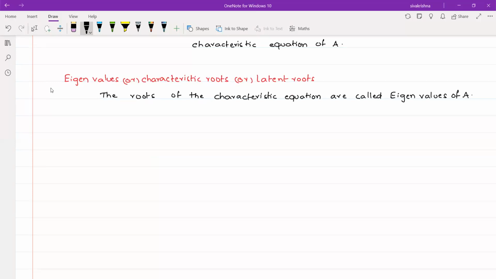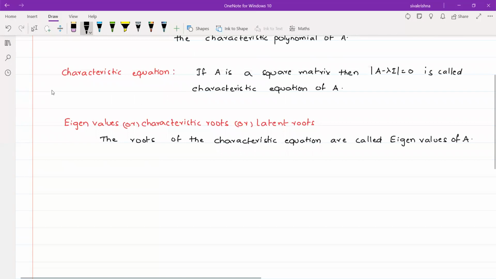In the above definition I defined what a characteristic equation is. After getting a characteristic equation, we have to solve it.